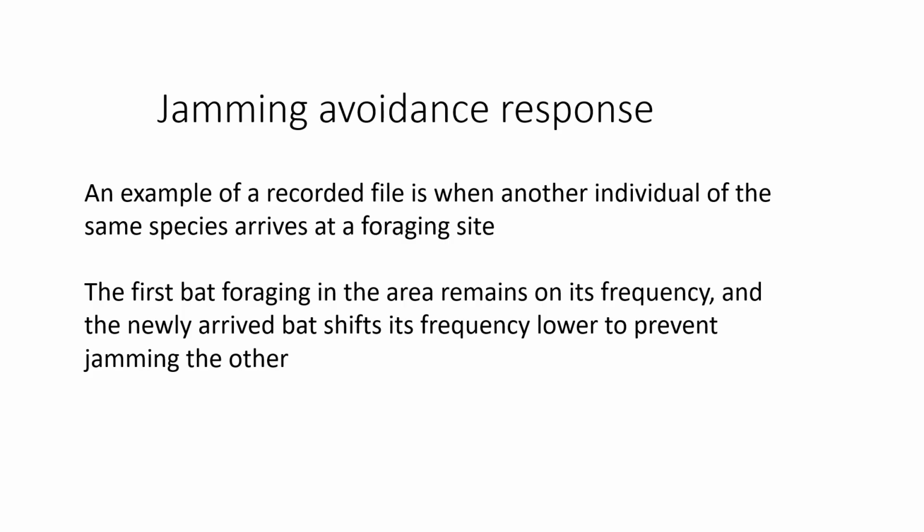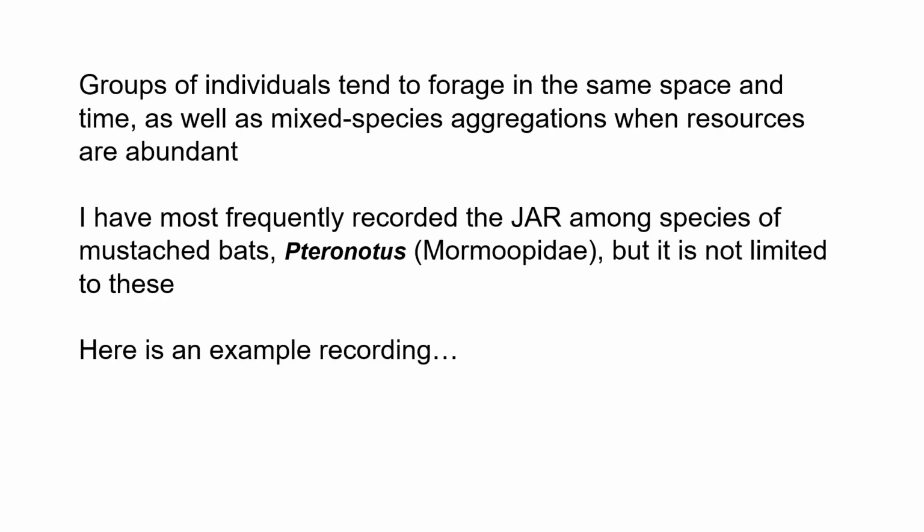An example of a recorded file when another individual arrives at the foraging site: the first bat usually remains at the same frequency, and the newly arrived bat usually shifts its frequency lower to prevent jamming the other. Groups of individuals tend to forage in the same space and time, as well as frequently in mixed species aggregations when resources are abundant.